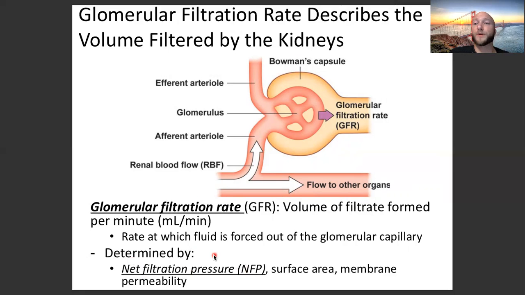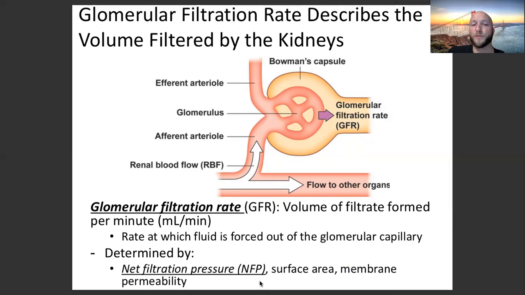Or membrane permeability. I had a dog, Corey, little Corey, and, long story, but the visceral layer of her Bowman's capsule was damaged, and it became permeable to proteins and other things.